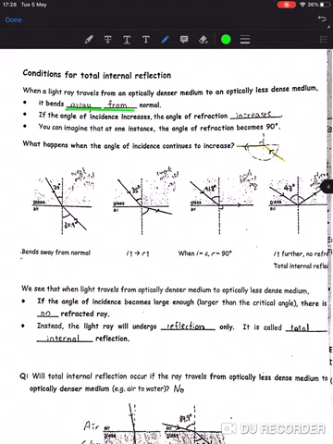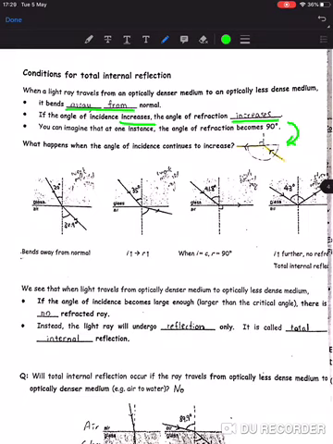You should remember that by now. If the angle of incidence increases, the angle of refraction also increases. So basically, when one increases, the other one increases as well. So now imagine what happens if the refracted angle becomes 90 degrees, as in this case. What will happen?